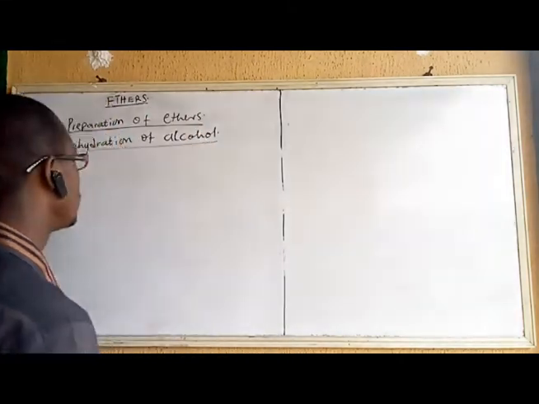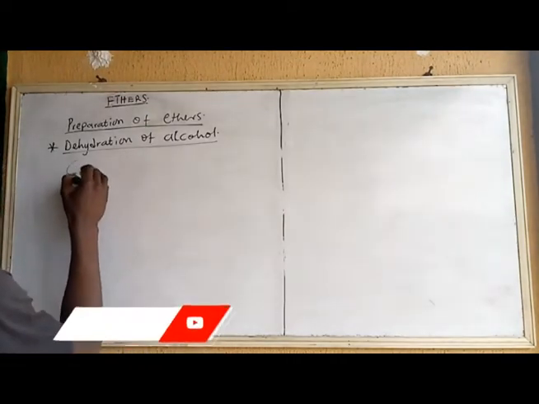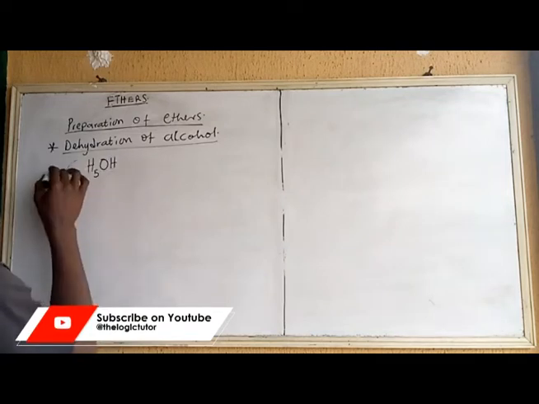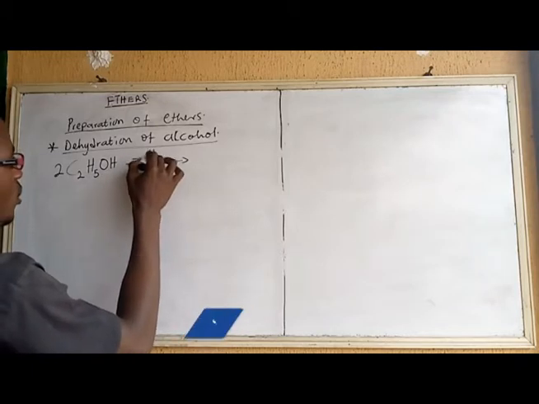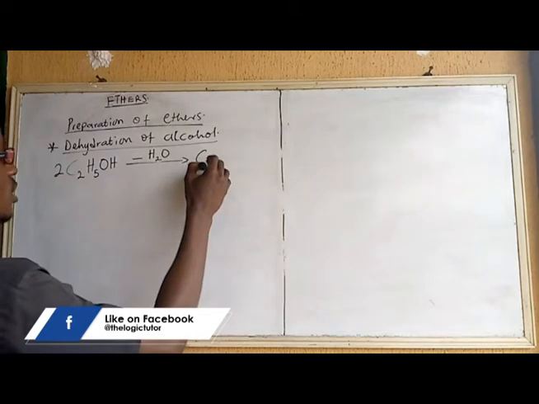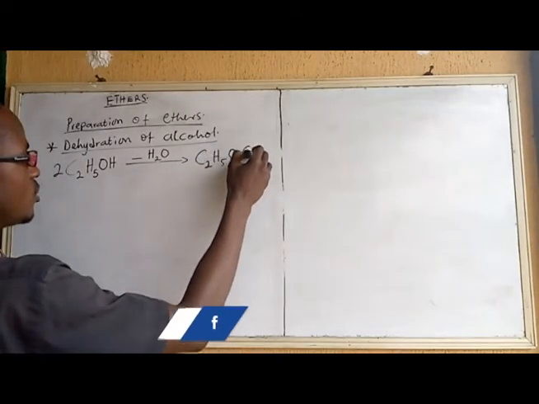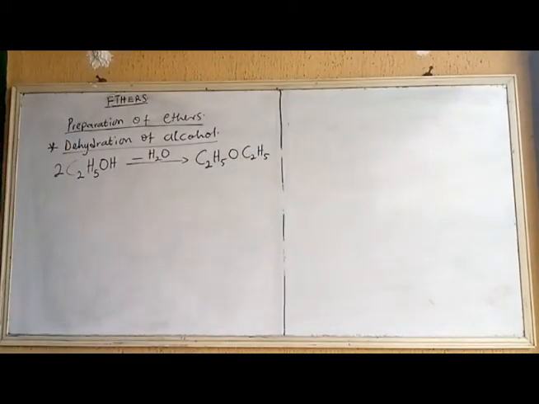Let's take for example, when we are producing ethoxyethane, 2 moles of ethanol will be used. From these 2 moles of ethanol, 1 mole of water will be subtracted to produce C2H5OC2H5. So this is a method called dehydration of alcohol used in preparing ethers.